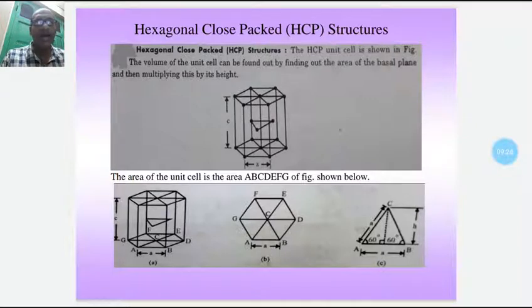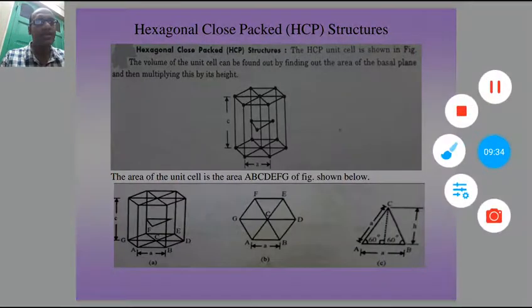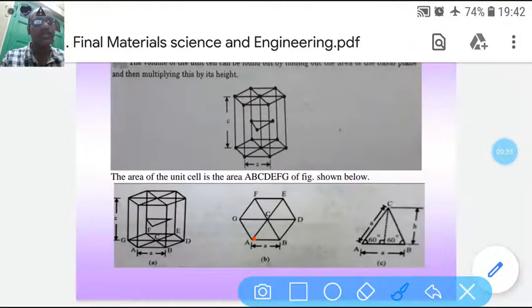The area of the unit cell is the area of the basal plane, ABCDEFGH, as shown in the figure.